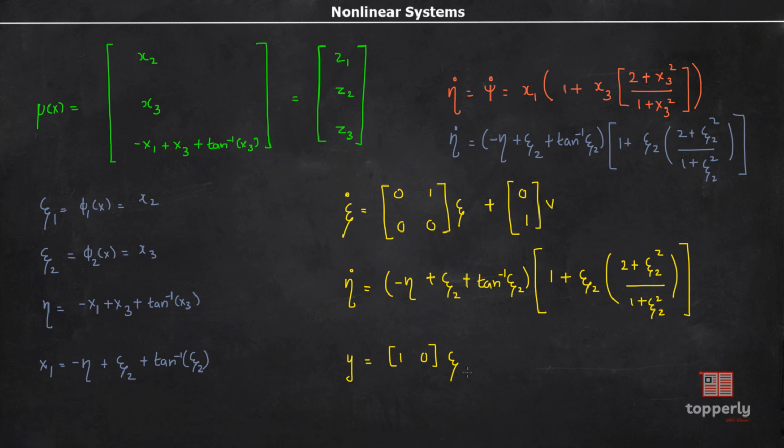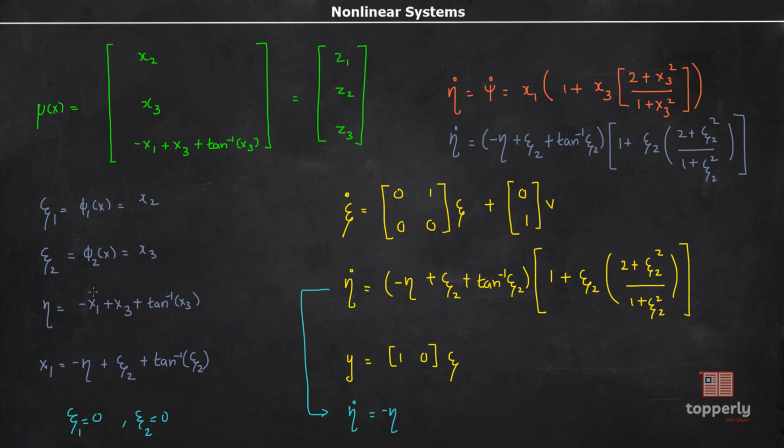Now if we need to check the stability of the system, we check the zero dynamics. Therefore, plugging theta equal to 0, that is theta 1 equal to 0 and theta 2 equal to 0, into this equation we have eta dot equal to minus eta, and we have seen that eta is equal to minus x1 plus x3 plus tan inverse x3, and x3 is theta 2, and we have set theta 2 equal to 0.